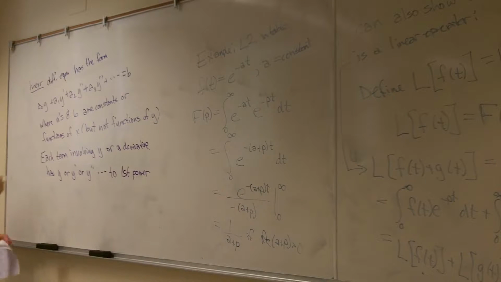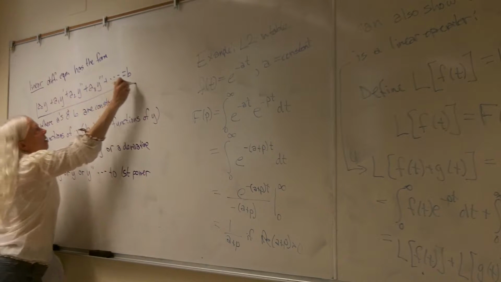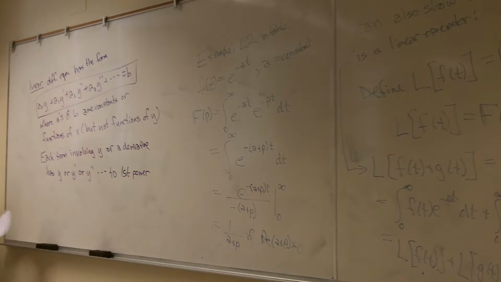I haven't allowed in this form right here y to be taken to any power other than 1. Same thing with y prime, same thing with y double prime. So each y, or a derivative of y, no matter what order of derivative, is always to the first power. There is never a term that has, for example, y and y prime multiplied together.